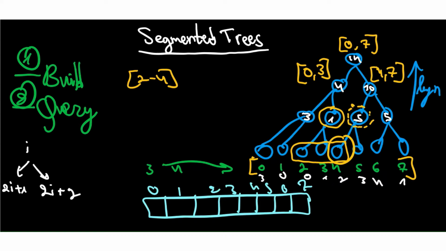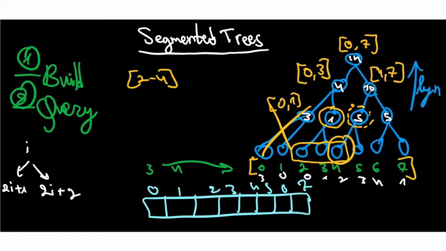Okay, so 0 to 3. What are the left and the right child of 0 to 3? I know this. It's going to be 0 to 1. And you see, we don't need to get to the children to know that the range covered by the node which covers 0 to 3, the left side is 0 to 1, and the right side is 2 to 3. So 0 to 1 doesn't do anything. We stop here.